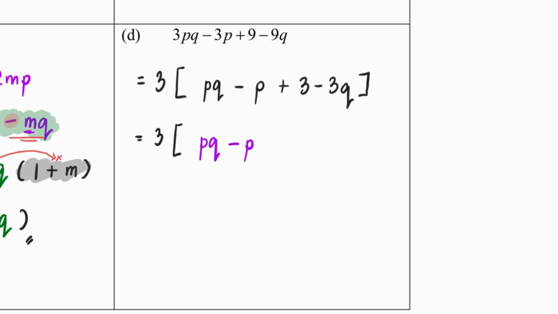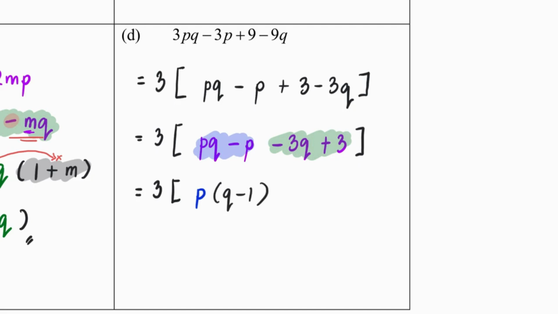I am going to shift the negative 3q in front and rearrange the positive 3 behind. Well, there's a reason for that, because when I split them into the two groups and factorize, I will have my q minus 1 here, negative 3, I would also have my q minus 1.